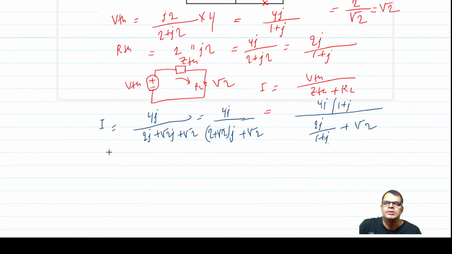So power, because they ask what is the maximum power transfer, with all RMS values, is I magnitude square into RL.